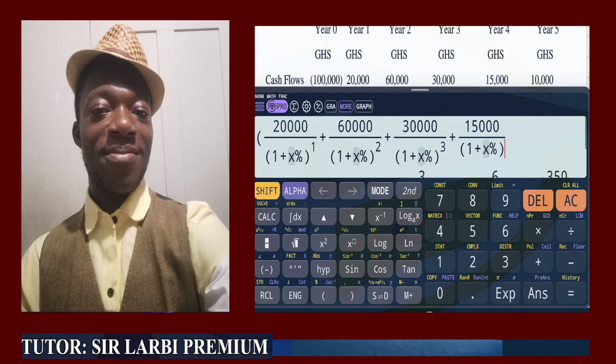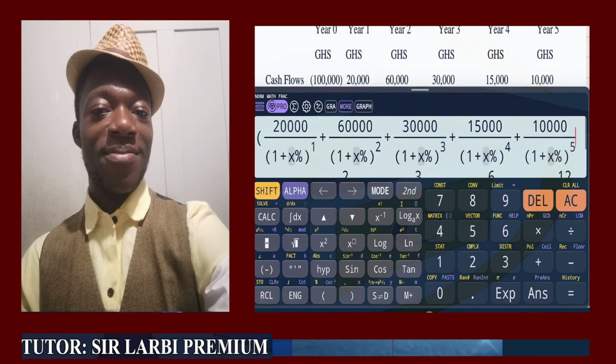Then lastly, we have 10,000 coming up, divided by bracket 1 plus alpha x, we attach the percentage to it, then to the power 5.